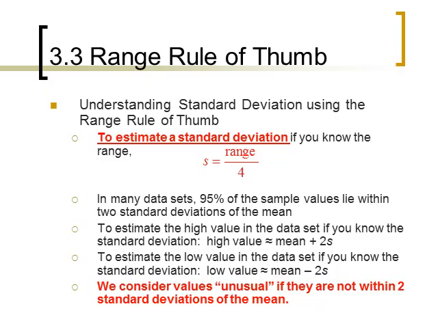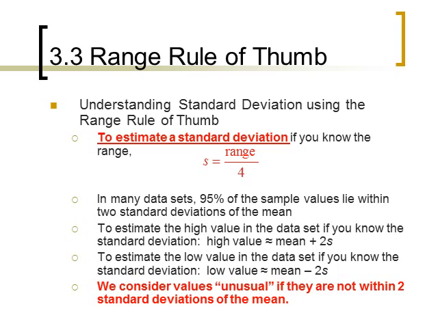So when we want to estimate what the highest value in the data set is, if you know the standard deviation, then the high value is approximately equal to the mean plus 2 standard deviations. And the low value would be estimated by the mean minus 2 standard deviations.